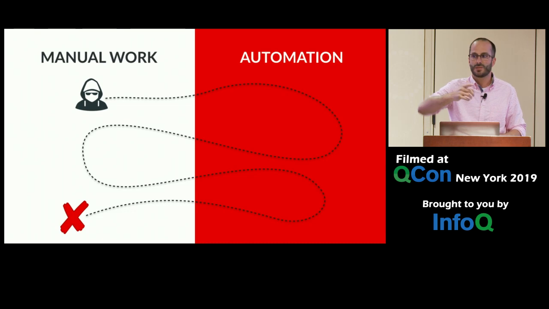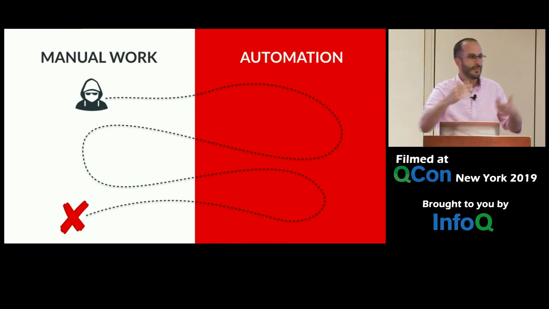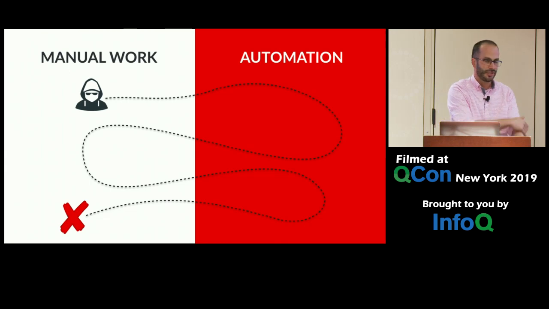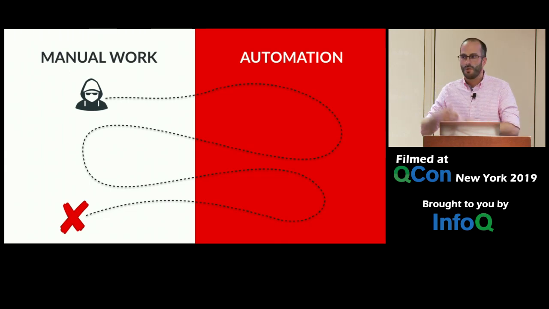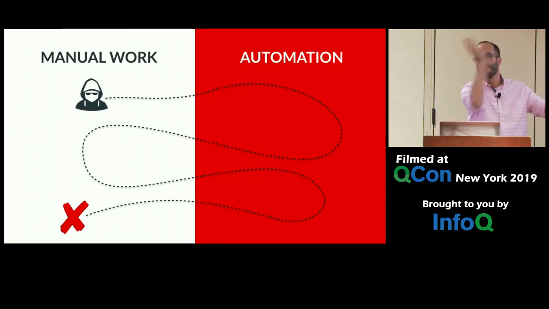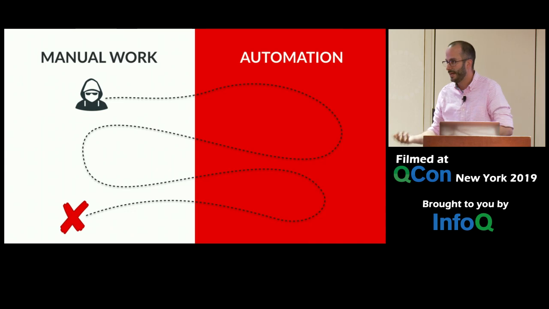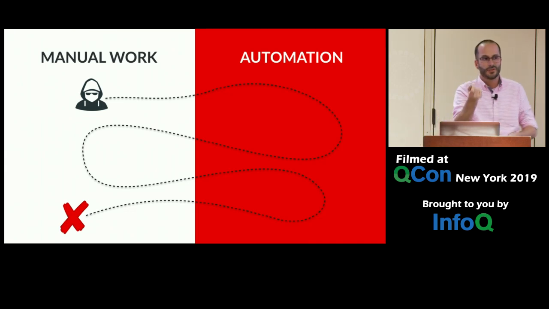And usually attacks walk this path back and forth. Automation can be anything from a port scan to a Google search to using Burp Suite or some sort of fuzzing tool or Puppeteer, anything like that. And then manual work is basically everything else. Everything that can't be covered by an automation tool or is especially important enough to be handled by a person.